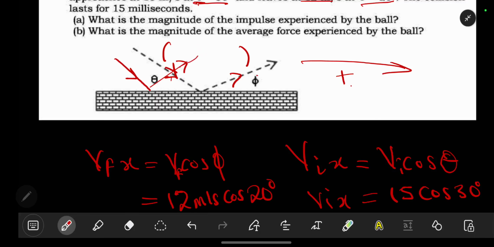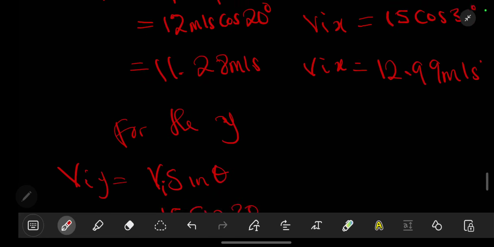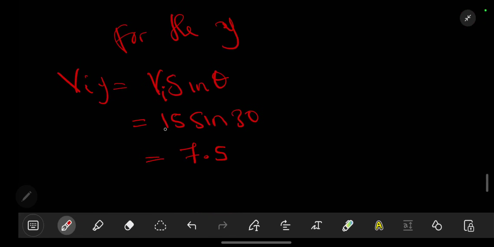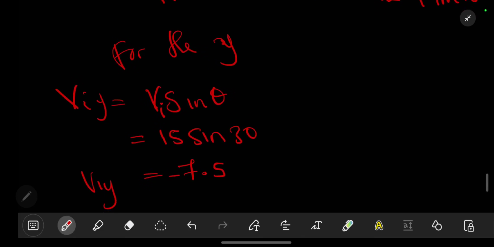So let's take up to be positive, which means down will be negative. So for the one we have found, 15 sine of that, we are going to put a negative. Why put a negative? Simply because it is going down. Let me move this.